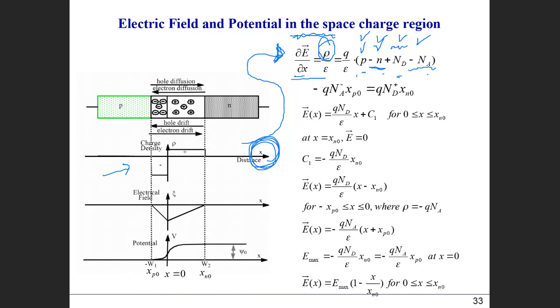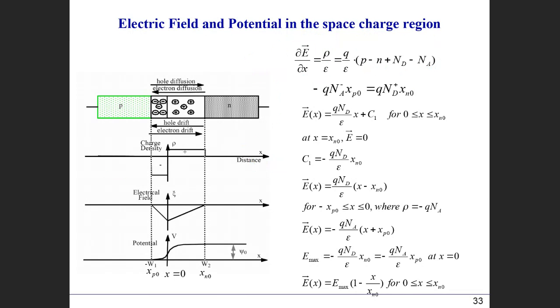The hole is positive, the electron is negative, and the dopants have the corresponding signs. That way we can represent all the available charge within this semiconductor. So this is the first equation. We call this the Poisson equation.